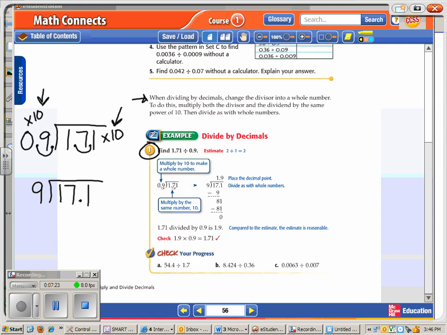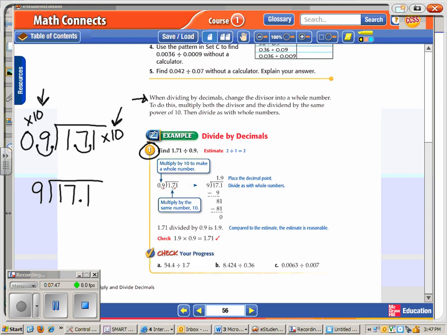So if you had 9/10, now you have 9 whole, or $9. If you had $1.71, now you have $17.10.